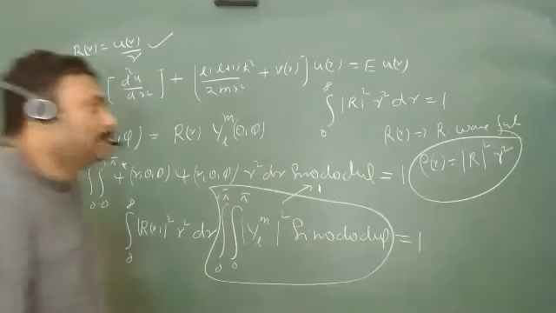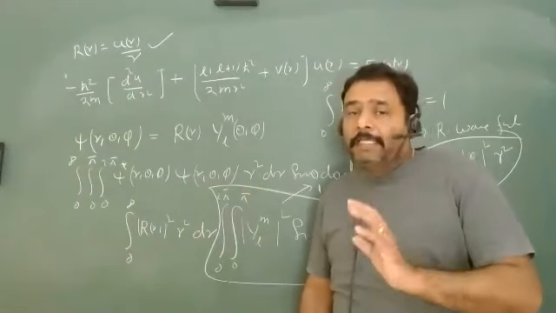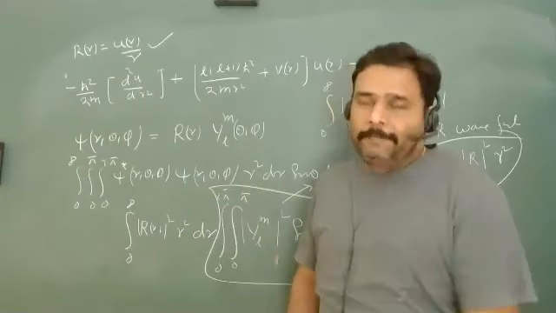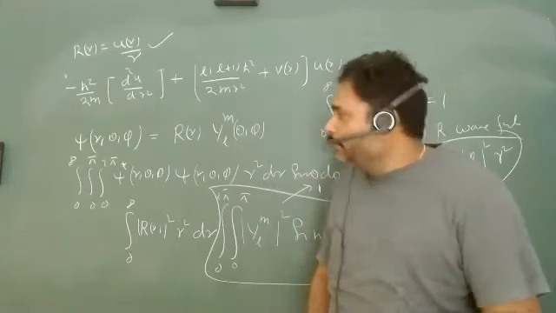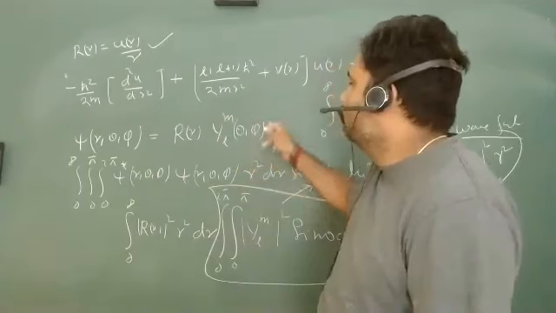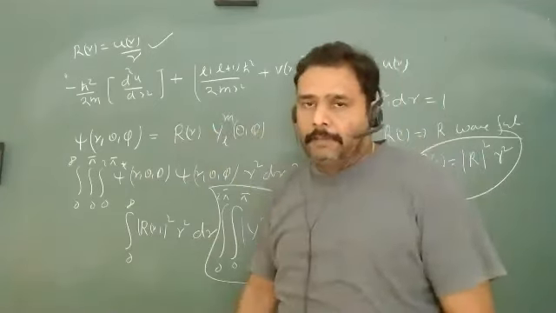And yes, in the examination, you have to always focus on whether they are giving you the radial wave function or the total wave function. Because if they give the total wave function, it means the Y_lm part is also included in the calculation.